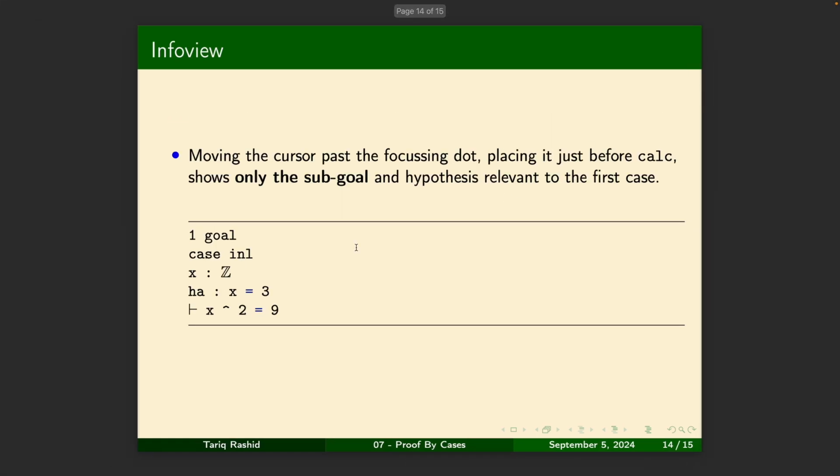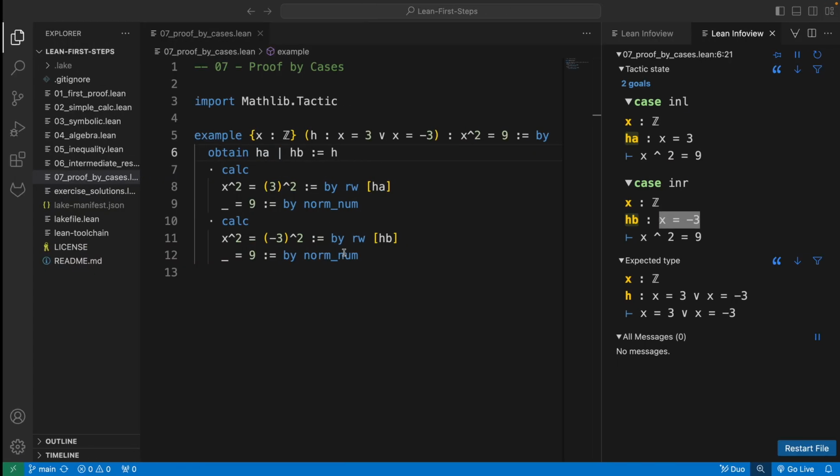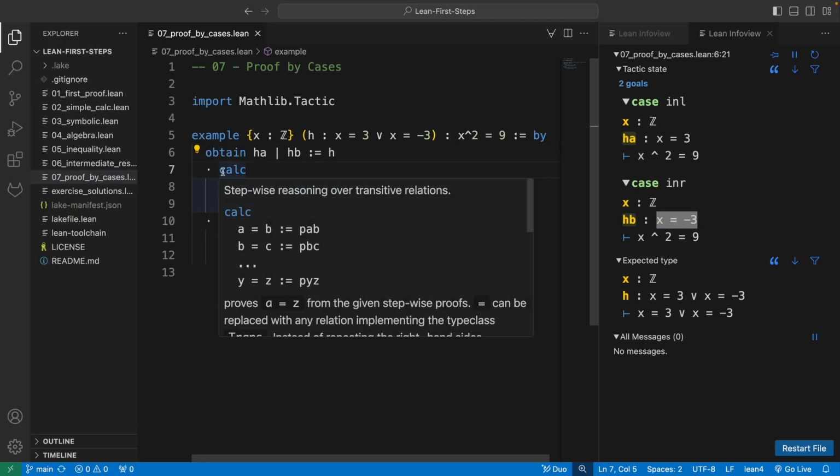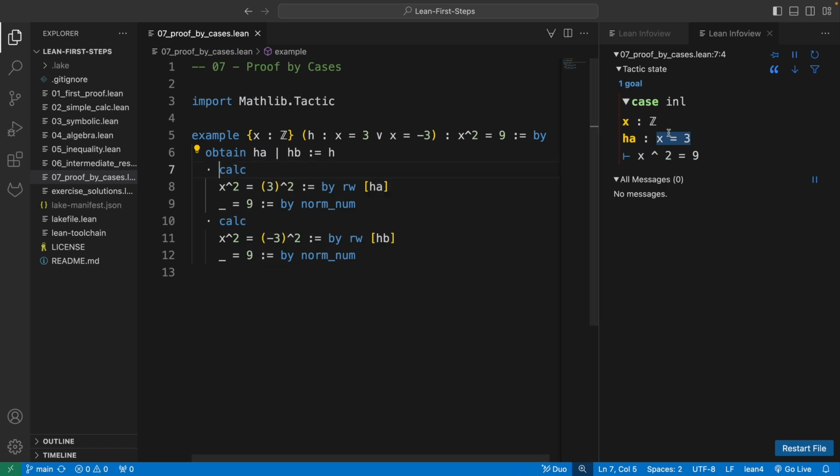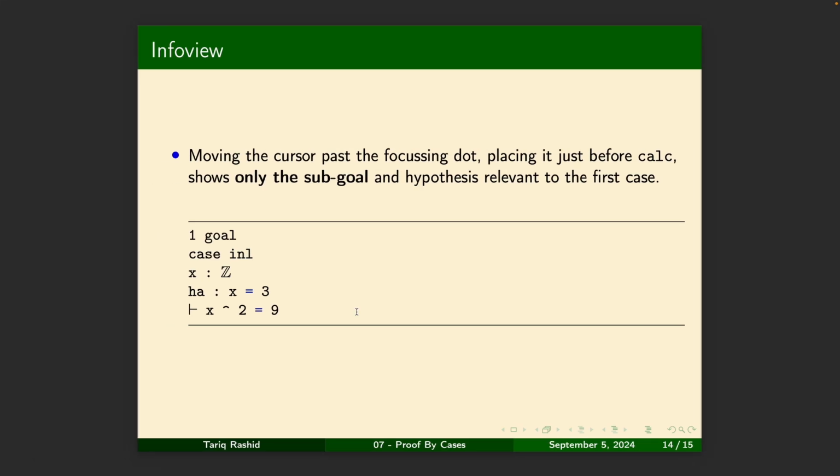And then if we place our cursor inside one of those subproofs, say inside here, you can just see the information relevant to that. So x is 3 for this one, and x is -3 for that one. Brilliant. So that was actually really interesting for me, because this kind of proof was not just a direct derivation.